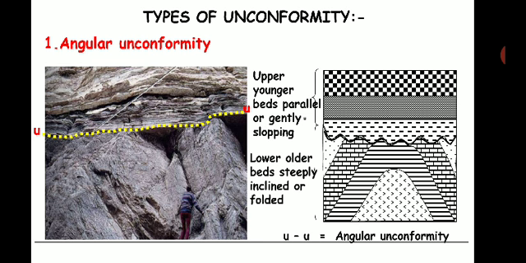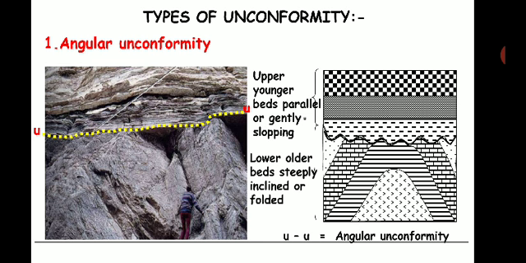Now we'll discuss the different types of unconformity. There are various types of unconformities, depending upon the rock types involved and the tectonic history of the rocks, how they have formed. The important types are, the first one is angular unconformity.